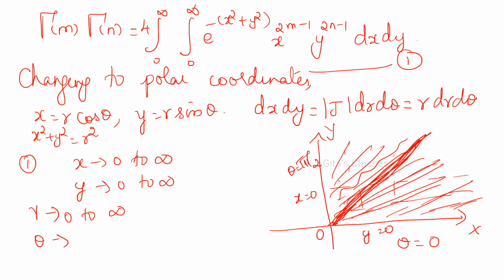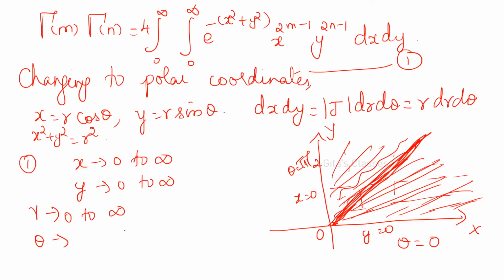And what about theta? You have to rotate this. Everything I have explained clearly in change of variables, right? So you can go through that. And the same problem, without this e power minus of x squared plus y squared into dx dy, I have explained, okay? So here now you have to coincide this strip with the x axis. X axis means here it is the initial line. What is the initial line?